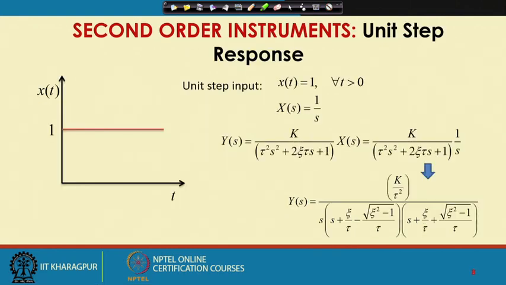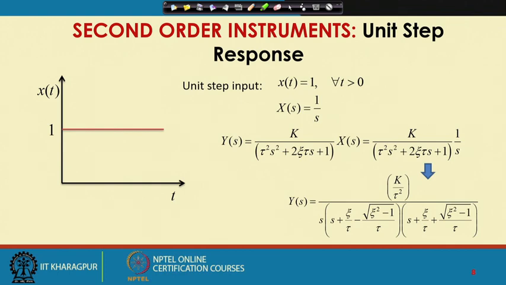Now, let us quickly take a look at the step response of a second order instrument. Specifically, we will give a unit step input to a second order system and we will see the response when such a unit step input is given to the second order instrument.